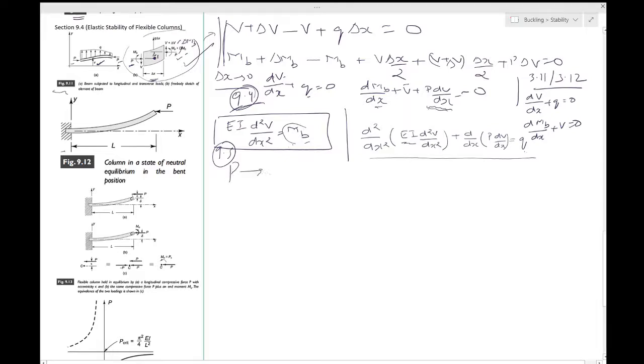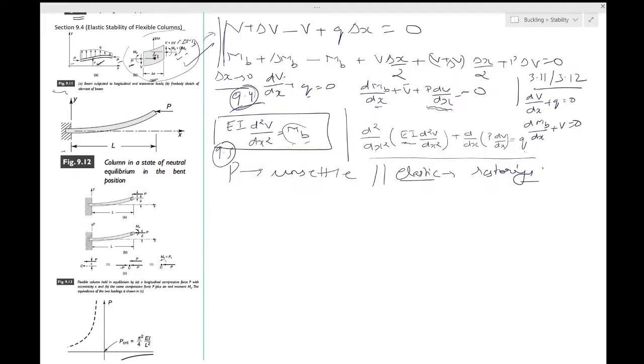P will try to unsettle, and the elastic parts within, like the stresses and the forces within, would try to have a restoring effect. Just like in the earlier cases, the load P was giving an unsettling torque and the springs were giving the restoring torque. So we'll see how that compares over here.